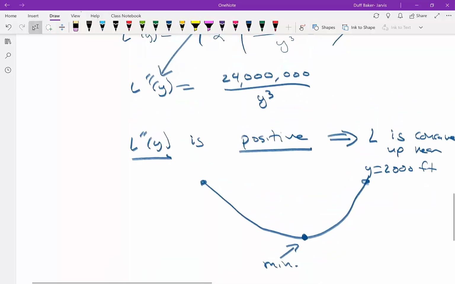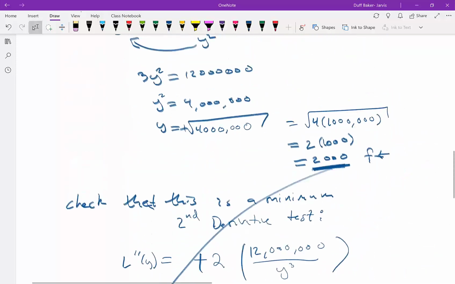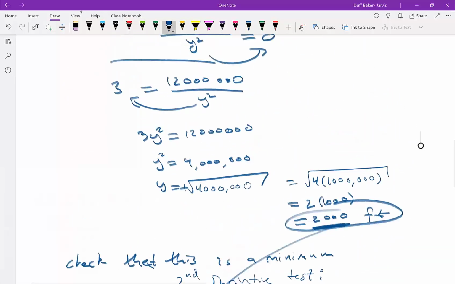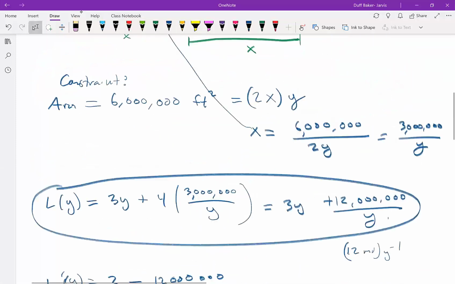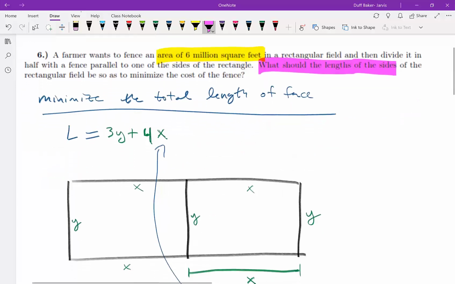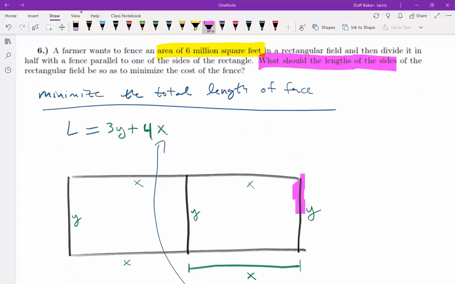Okay, so then our answer is really this. Y equals 2,000 feet is the correct one. Let's make sure we answer the entire question. So it was asking, what should the lengths of the sides of the rectangular field be? So that probably means it wants this, and it also wants this.